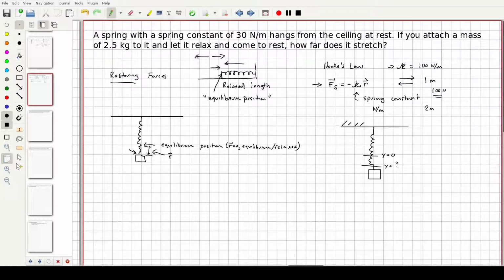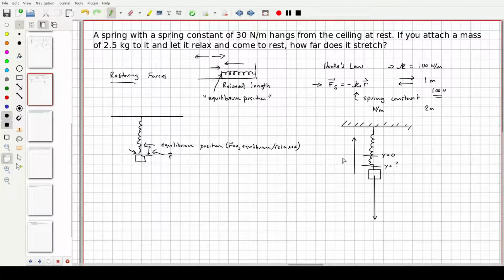Now, we have a force due to gravity pulling down on the mass. We also have the spring, trying to restore the mass to its equilibrium position, which is pulling back like that.